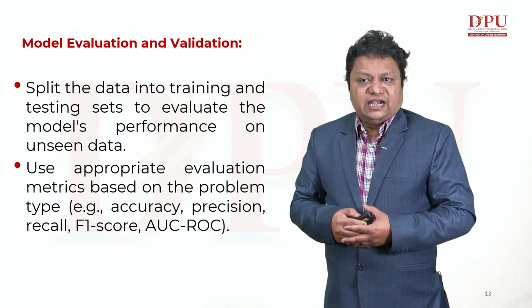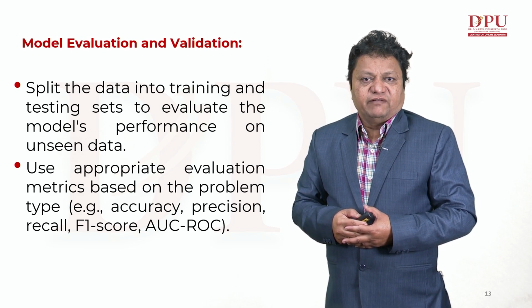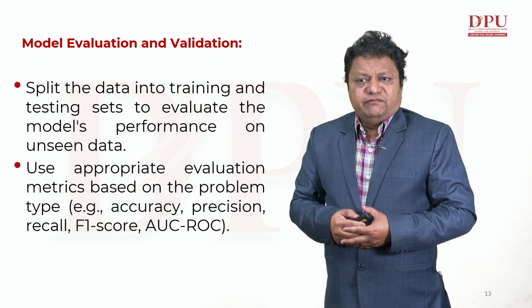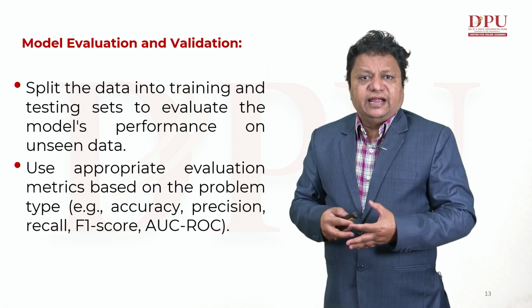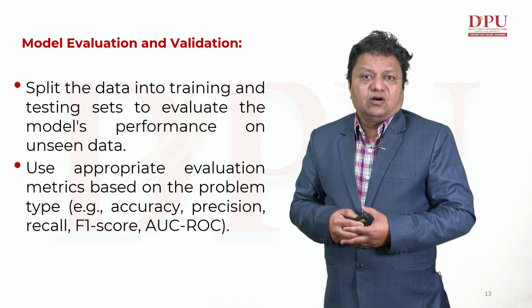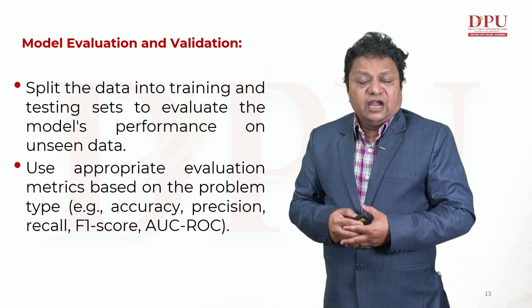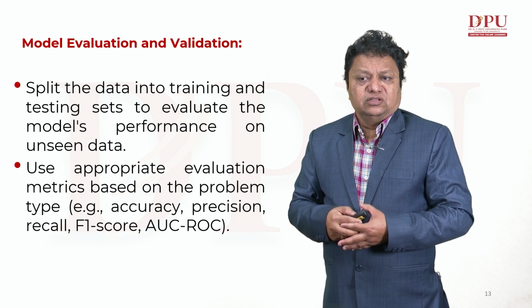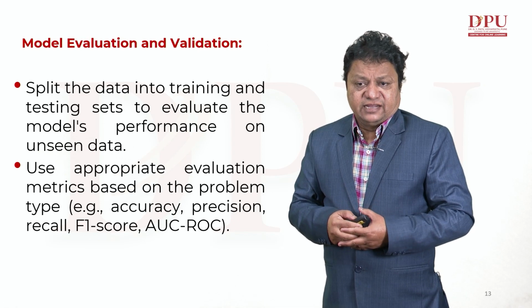Now let us understand the model evaluation and validation, how it is done. First we split the data into training and testing to evaluate the model's performance on unseen data, and we use the appropriate evaluation metrics based on the problem that we are addressing.